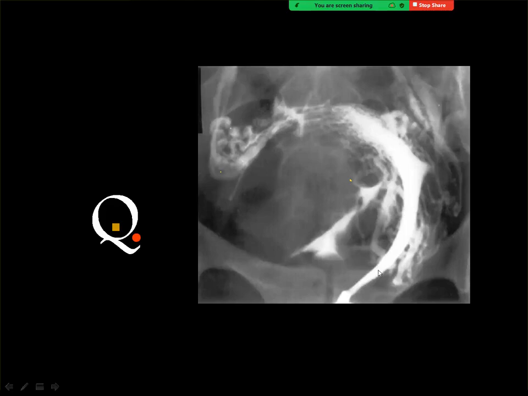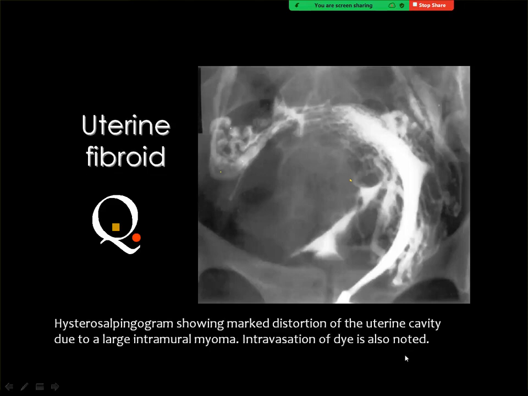So if you see that the uterine margin is markedly stretched like this, you know that this lesion is of uterine origin, and the lesion which can give this appearance is just a fibroid uterus.